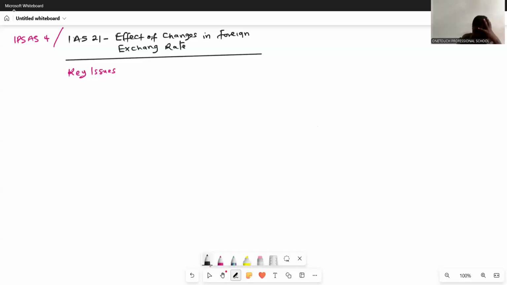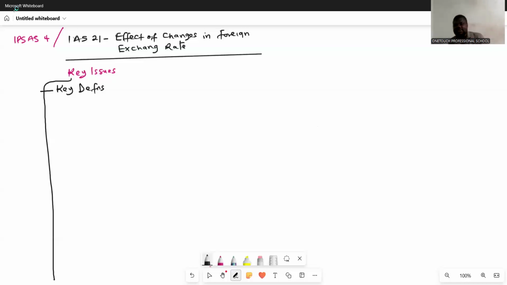What are the key issues? First, we need to look at some key definitions. I am supposed to know what a functional currency is, what a presentation currency is.